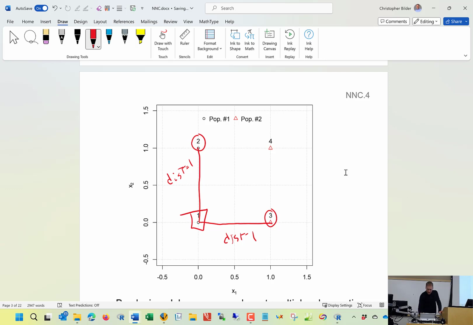And for population 1, we have now 2 observations out of 3 that correspond to group 1. Why do I have 2? Here's 1 and here's 1. Now for population 2, we have 1 out of 3. So whenever there's a tie in terms of the distance, it includes all ties in terms of the number of nearest neighbors.